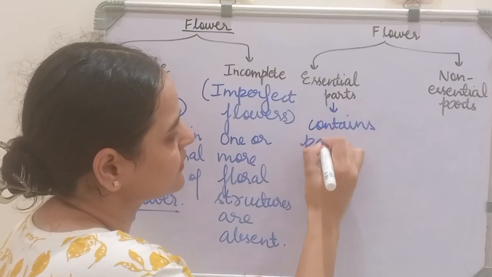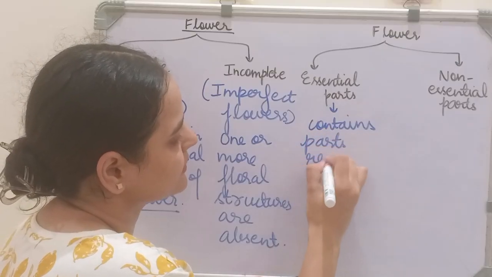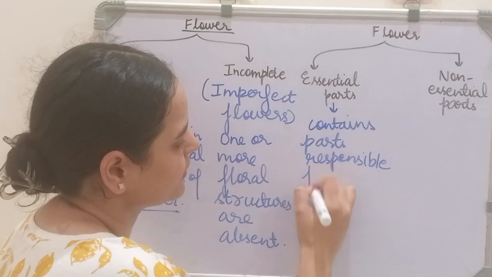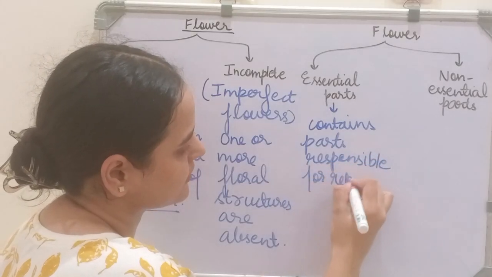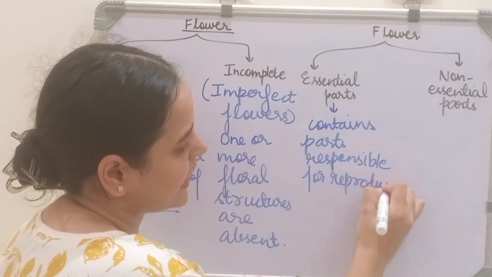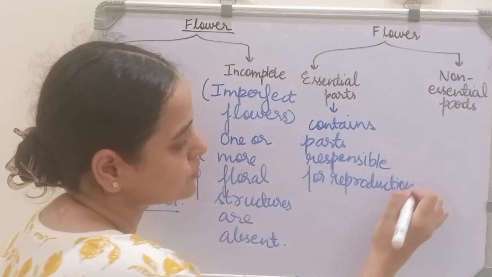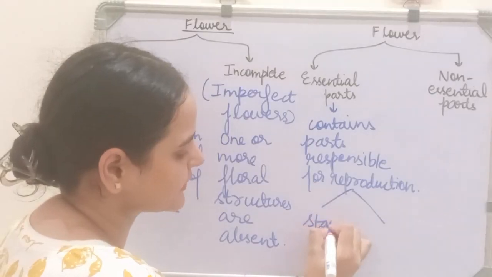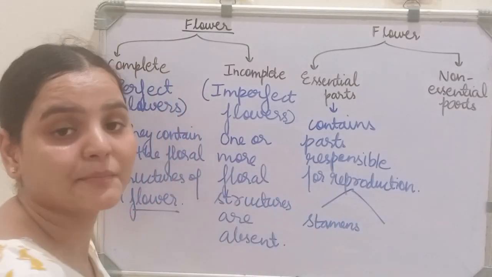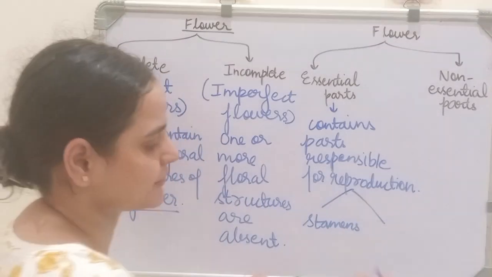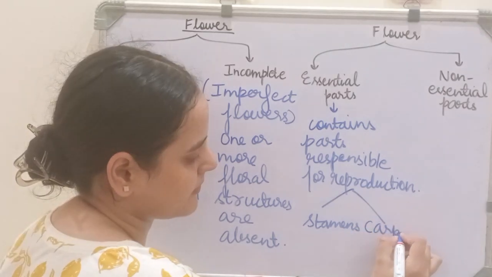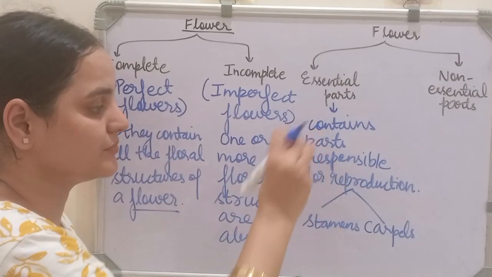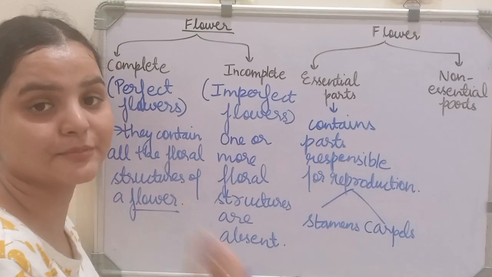And what are those parts? Those parts are the stamens, which is the male reproductive part, and the carpels, which is the female reproductive part. Okay, so essential parts are those which have the reproductive parts.